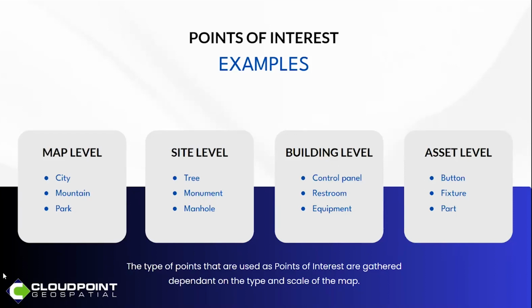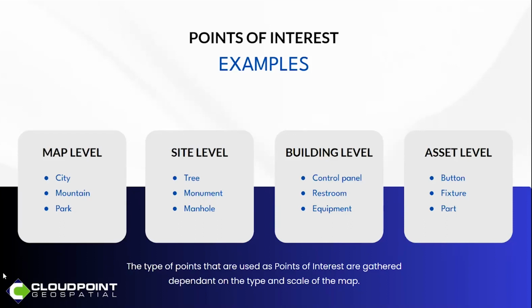Then we move down from the 10,000 foot level to more of the 1 foot level, into building POIs. Examples would be a control panel, where the restrooms are, various equipment across the floor plans.